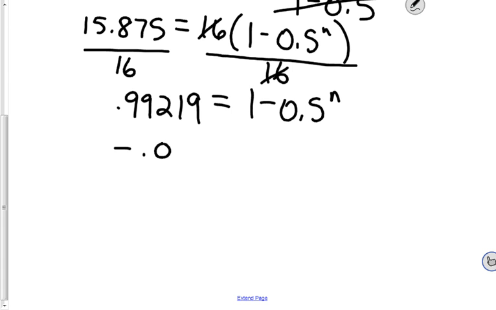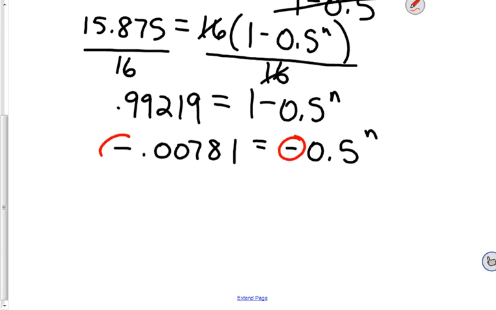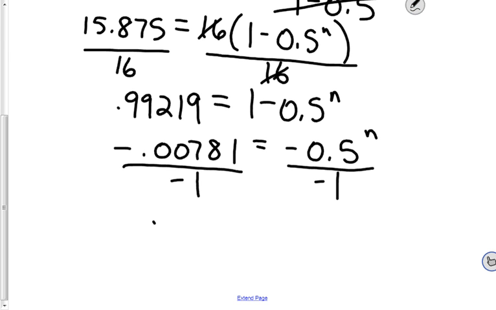Negative 0.00781 equals negative 0.5 raised to the n. Now I almost have that isolated, the 0.5 to the n, but I have the negatives here. Let's get rid of these by dividing both sides by negative 1. So now this is positive, and this is positive.